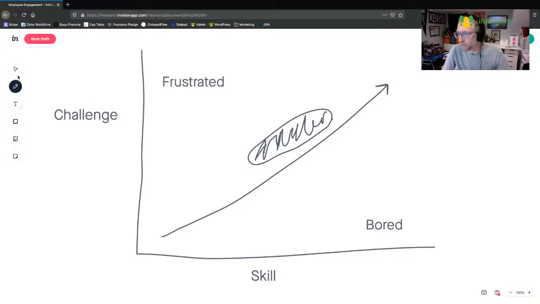Now, if you really want to dig into this concept a hair more, I think this is interesting to think about. If we move right down here, just above that sweet spot, this is an area that creates anxiety. I'm not frustrated, but the game's hard enough above my skill level that I'm just anxious at this point.